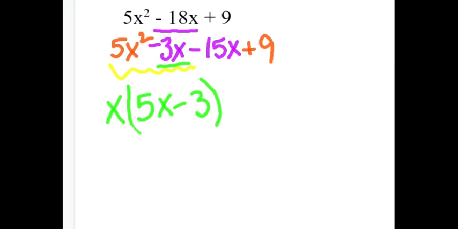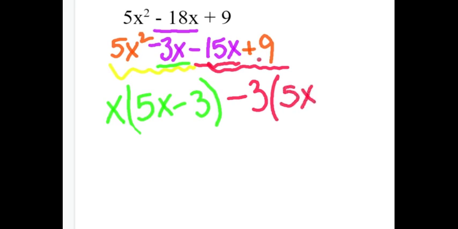Okay, now I'm going to concentrate on the second part. Don't forget that negative, I have negative 15x plus 9. Now, because it starts with a negative, I'm going to write minus here. Okay, so what's common to 15 and 9? Well, 3 is. So 3 times what is 15x? 3 times 5x.